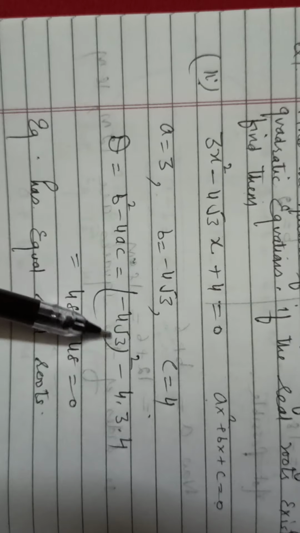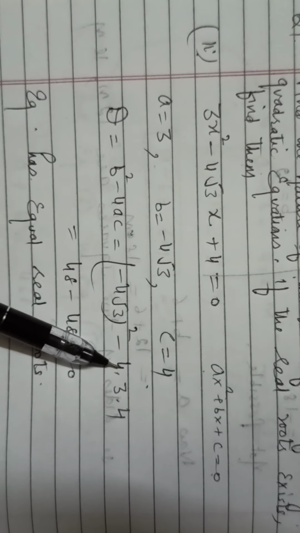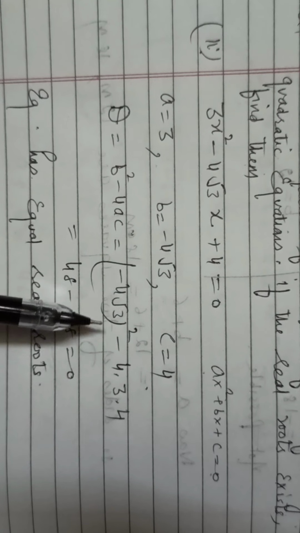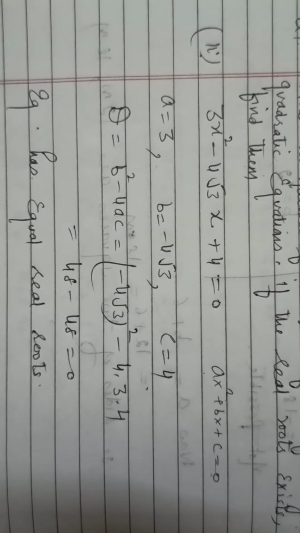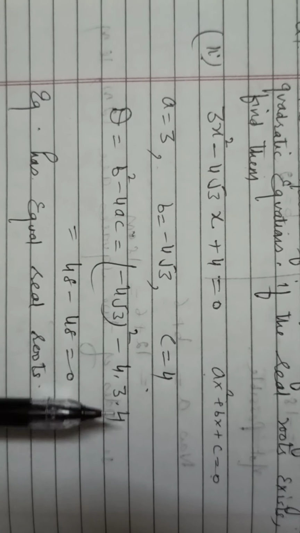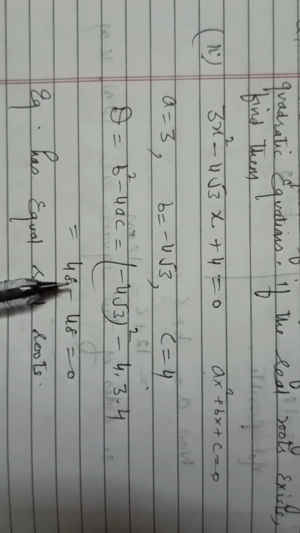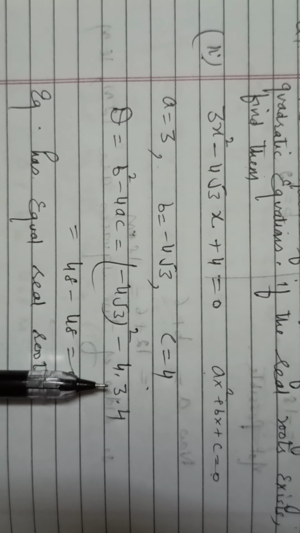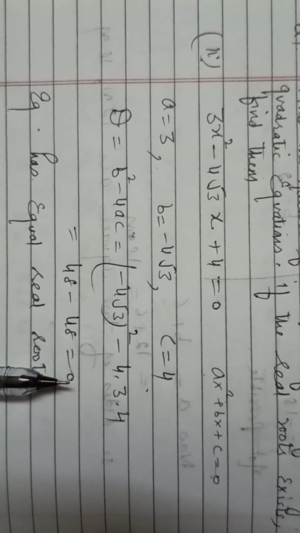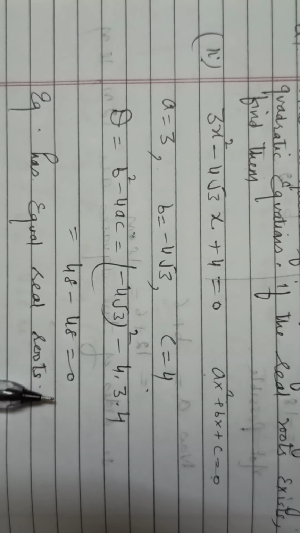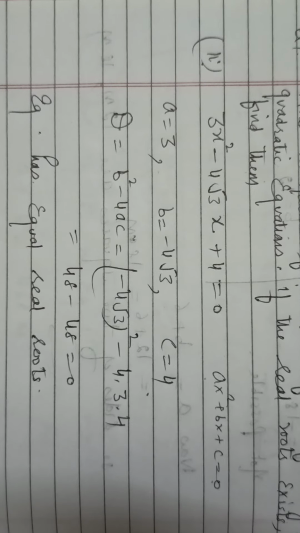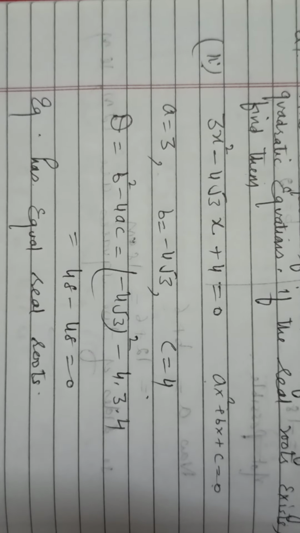B square means minus 4 root 3 whole square, minus 4 into a is 3 and c is 4. 4 square is 16 and root 3 square is 3. 16 times 3 is 48, minus 4 times 4 times 3 is 48. This is coming 0. When the discriminant is 0, the equation has equal real roots.